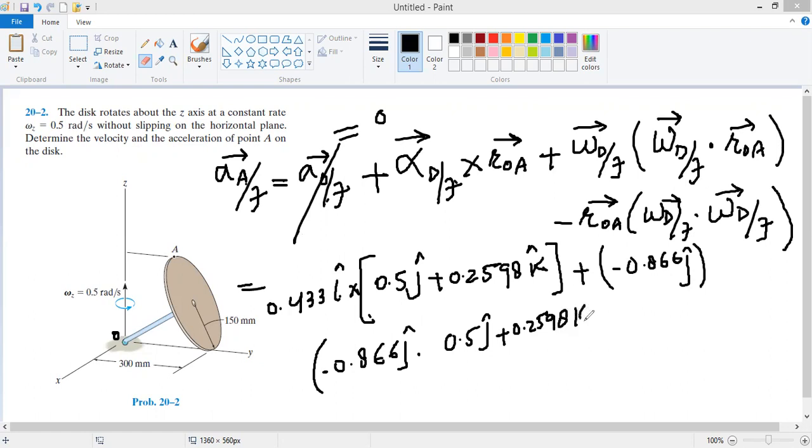Fine. We are done with this. Let's close this bracket. This is the dot product. Okay, fine. Then we have minus the ROA vector.